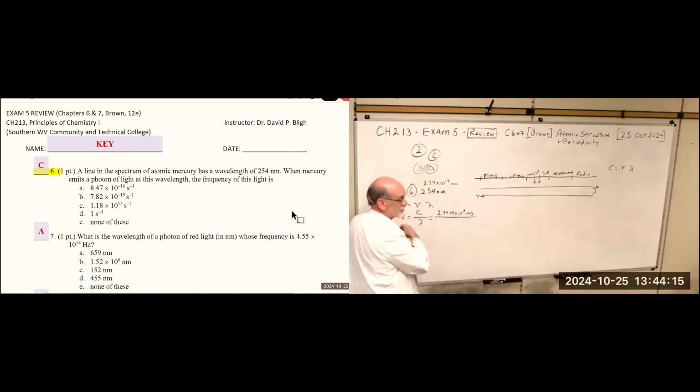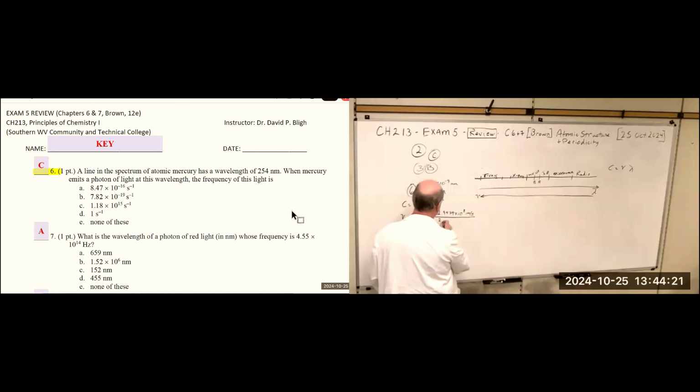And calculators will accept it that way. You don't have to convert it to scientific notation. Just exponential is fine. So we could put it into our calculator just like this. And that'll cancel the meters and put seconds in the denominator, and that's where it needs to be for frequency. Right, reciprocal seconds or cycles per second. It's frequency.